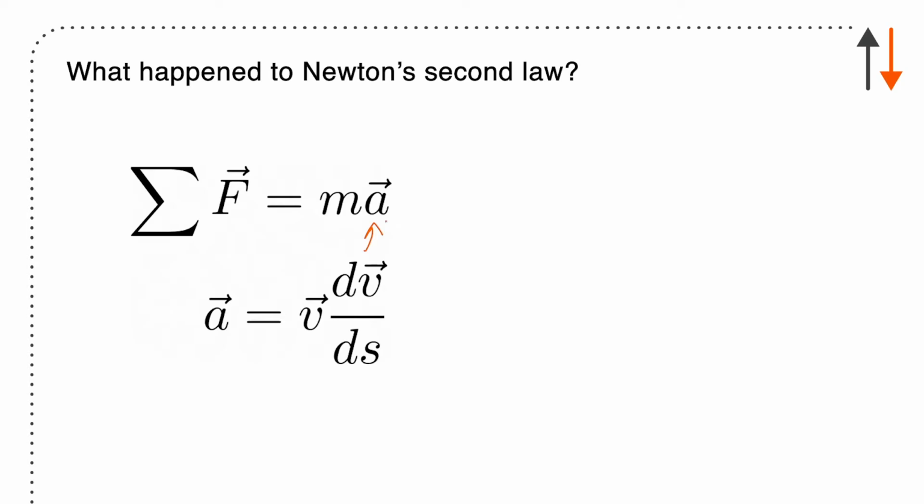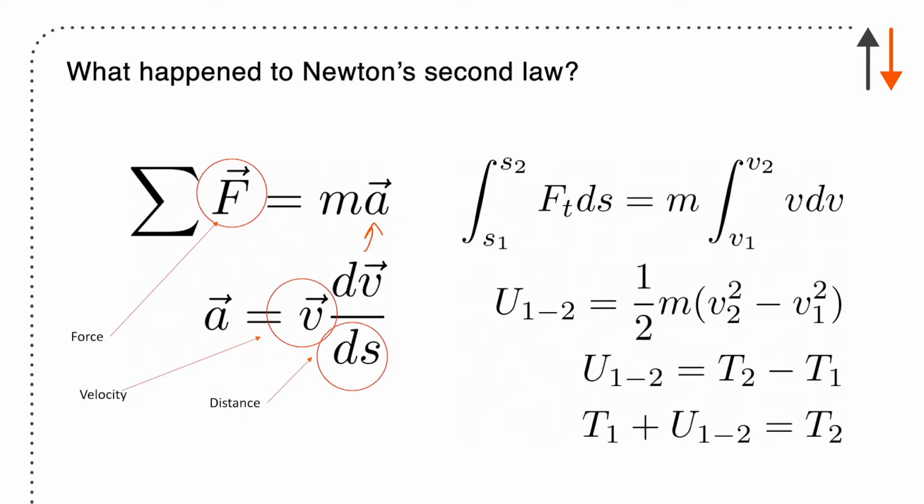So we can use that relationship, and it's kind of neat because it has velocities and displacements and forces. So force, velocity, distance. If I integrate that, and I recognize that all of these forces are in the tangential direction of the path, I can write the integral of F tangential ds from S1 to S2 along whatever path is equal to m times the integral from V1 to V2 of V dV.